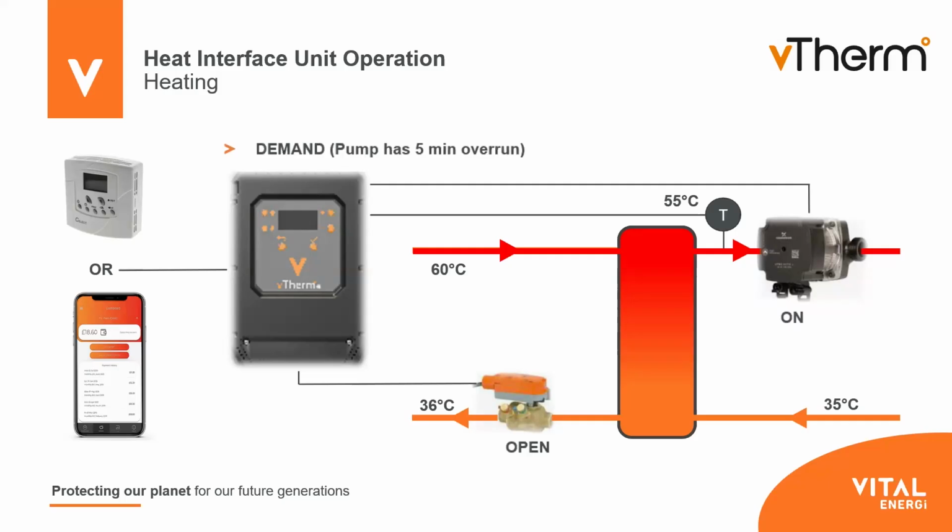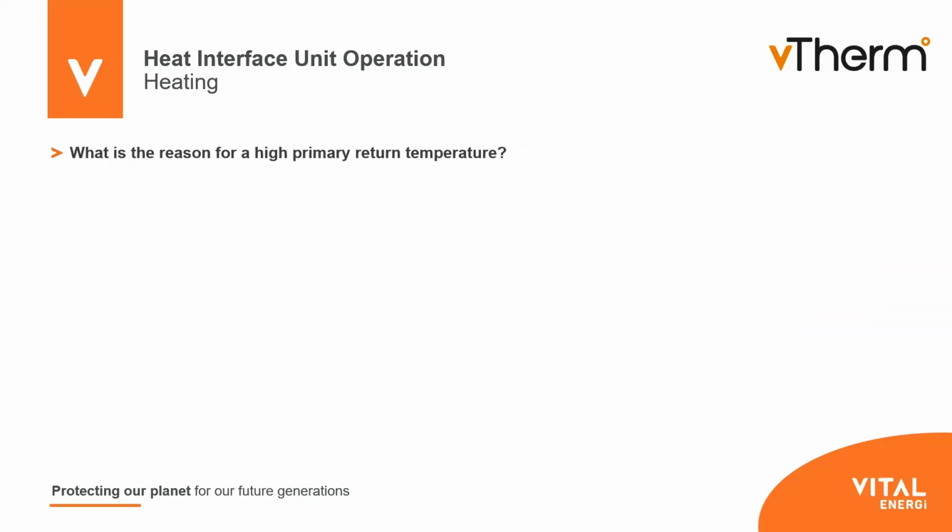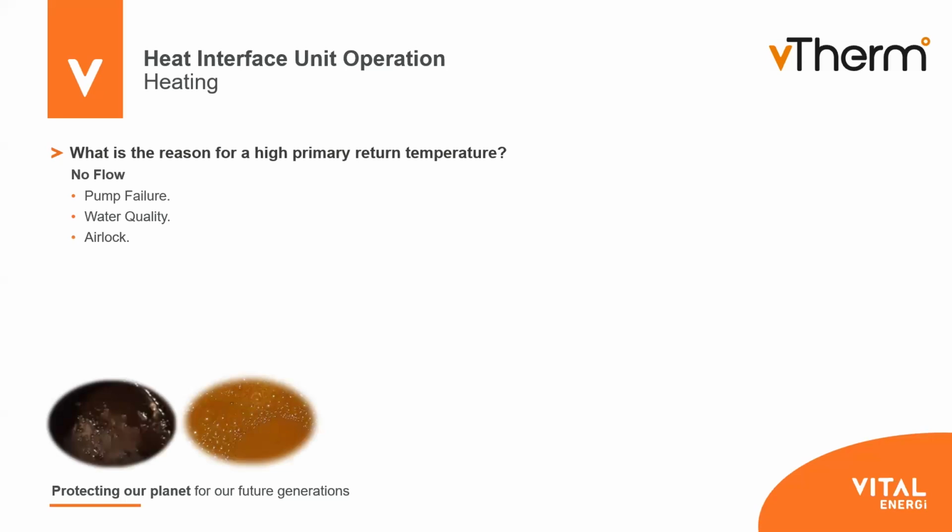Something that's different compared to thermostatics: they sometimes have the issue, especially when you come from the summer months to the winter months, where the pump suddenly is seized because it's had no pump exercise. So what reasons will we be having for high return temperatures? If we look at no flow, this could be from pump failure, water quality, or air in the system.